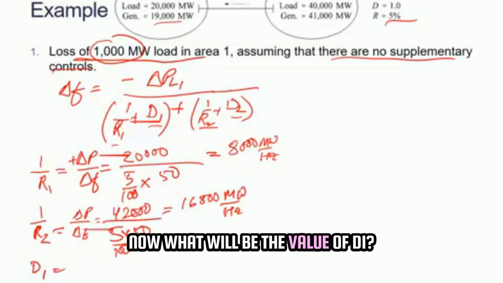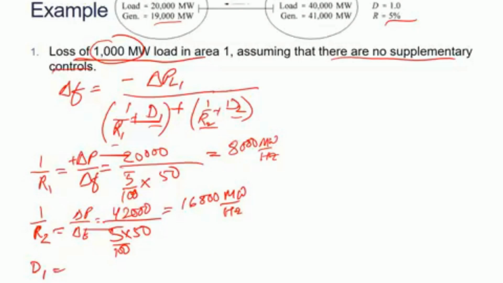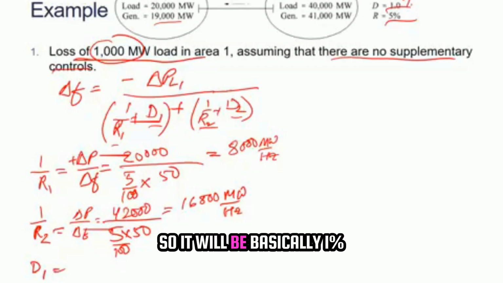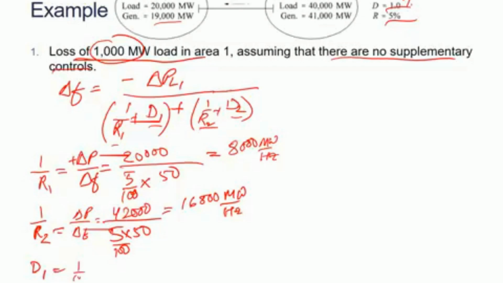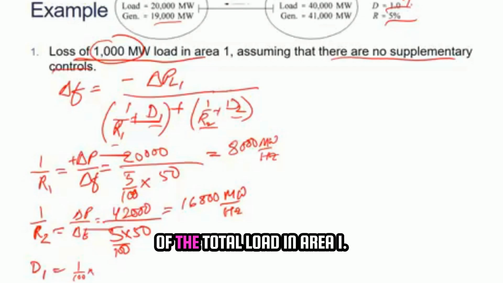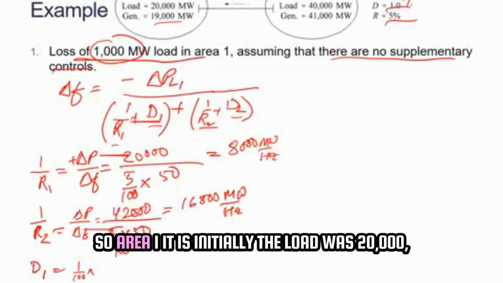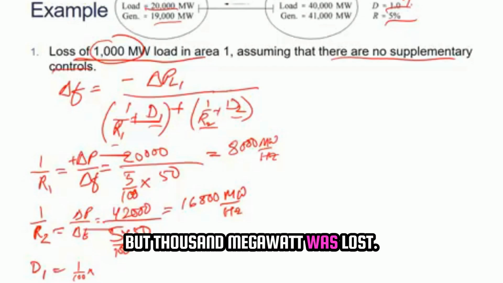Now what will be the value of D1? We calculated this previously also. Here D is 1%. Okay, I forgot. So D is 1% of the total load in area 1. Initially the load was 20,000, but 1,000 megawatt was lost.